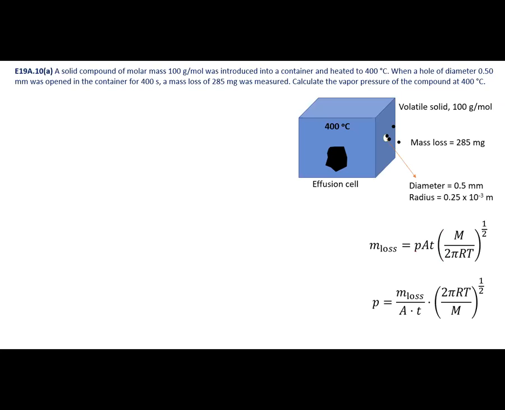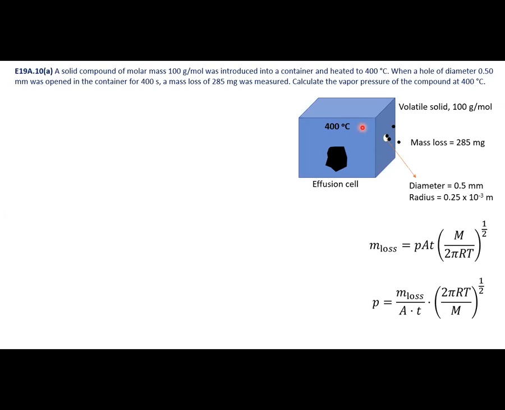All right, let's look at another problem. It is kind of similar to the previous problem, but we need to find a different thing. A solid compound of molar mass 100 gram per mole was introduced into a container and heated up to 400 degrees Celsius.